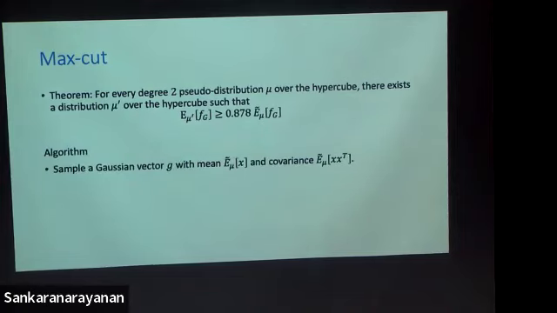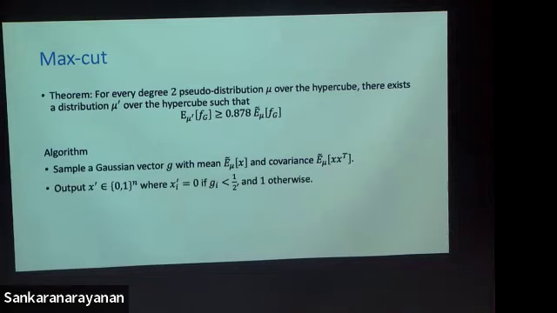So the first step is you're going to sample a Gaussian vector with mean equal to the pseudo expectation of x, and with covariance equal to the pseudo expectation of x x transpose. There are some standard algorithms where you can do this. And once you sample such a Gaussian vector, the algorithm is very simple.